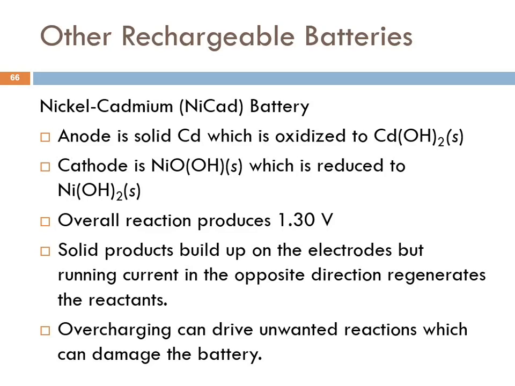If you keep running current through it and you've regenerated all of your reactants, now you could potentially have some unwanted side reactions that you're driving, and they could damage your battery or even cause it to blow up. And so most chargers have some sort of a sensor in them that detects either a current change or voltage change and stops charging when the battery is fully recharged.